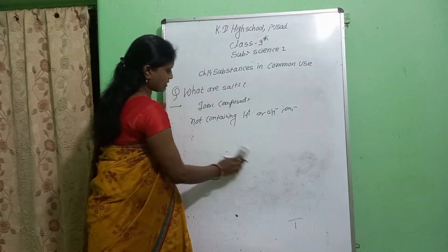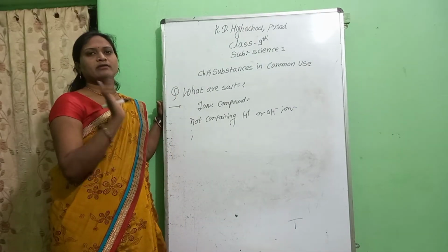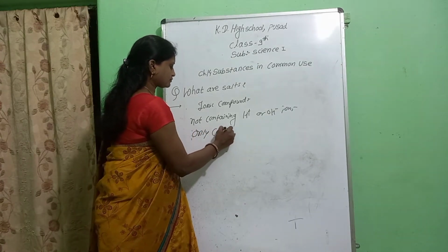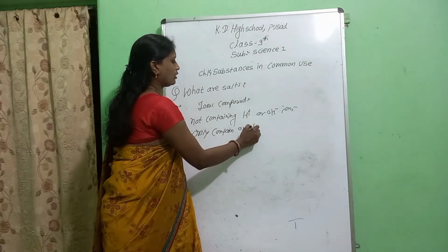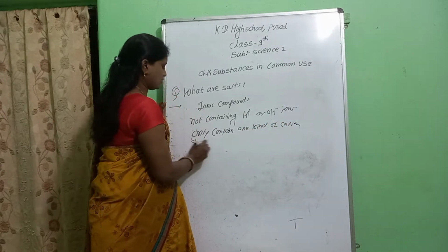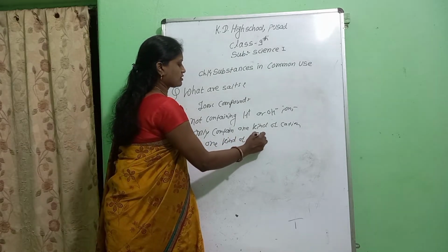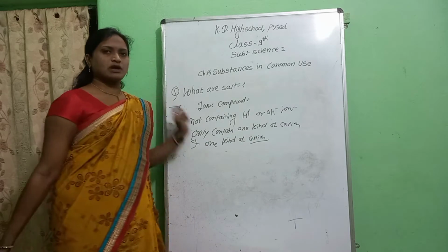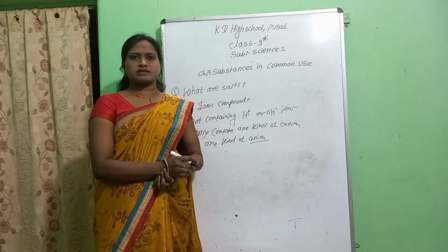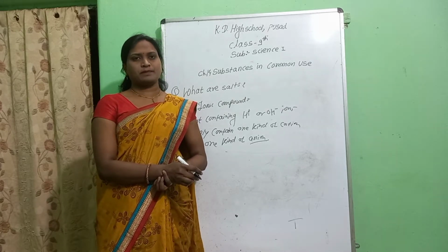They contain only one kind of cation and one kind of anion. Such ionic compounds, containing only one kind of cation and one kind of anion and not containing H plus and OH minus ions, are called simple salts.